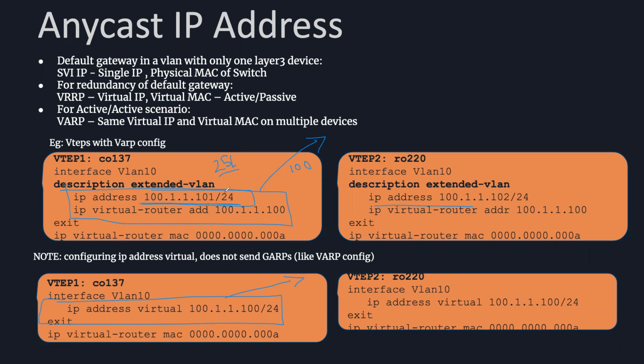Out of that, 100 will be utilized for your physical IP addresses, plus one for the gateway. So basically you will effectively have 150 addresses that you can use for hosts. So that's the problem with VARP, where you end up utilizing physical IP addresses from your subnet of hosts.